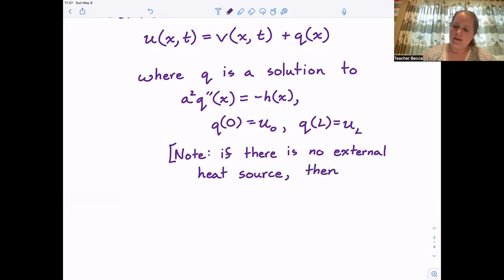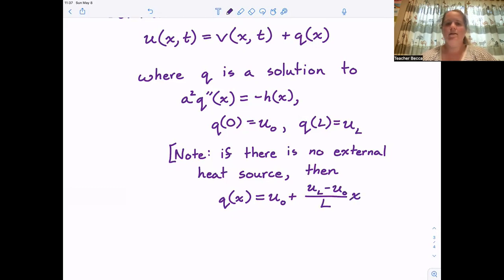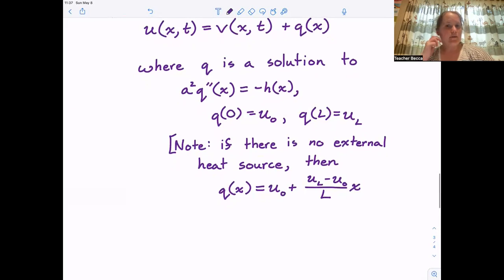Then we just have q of x equal to the line with y-intercept u naught. So we'd have u naught plus, and then slope u sub l minus u naught all over L, then times x. So, right, if we have q double prime just equaling 0, we know that it's a line. We have 2 points on the line, so we can figure out both its slope, and in this case, we are given a y-intercept.